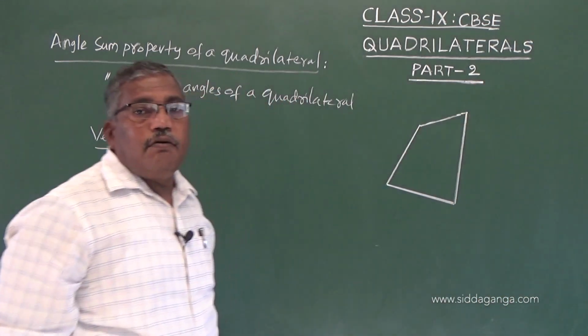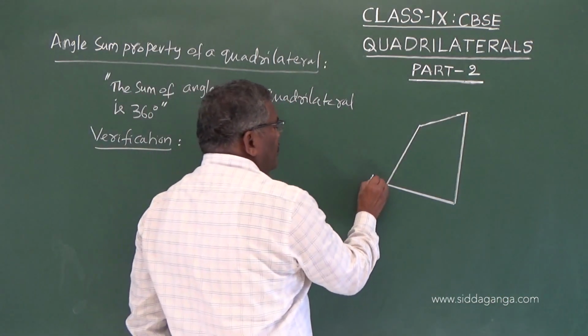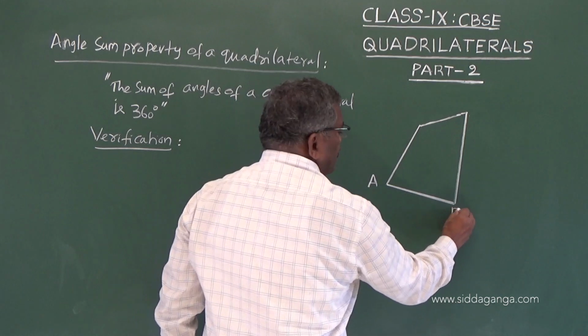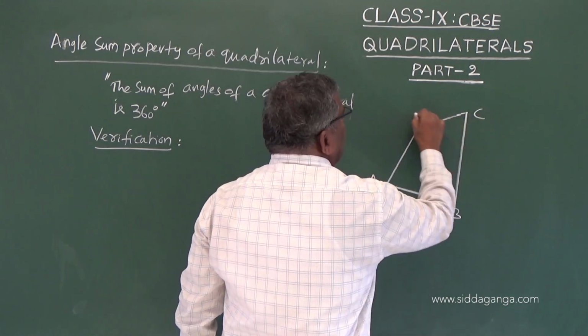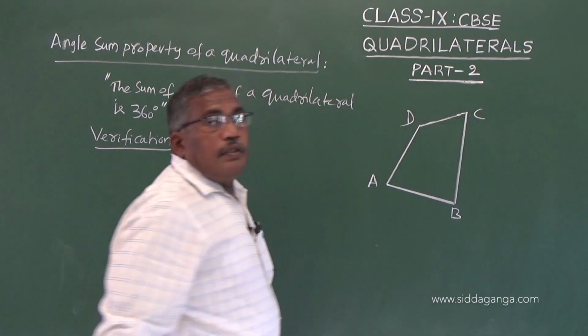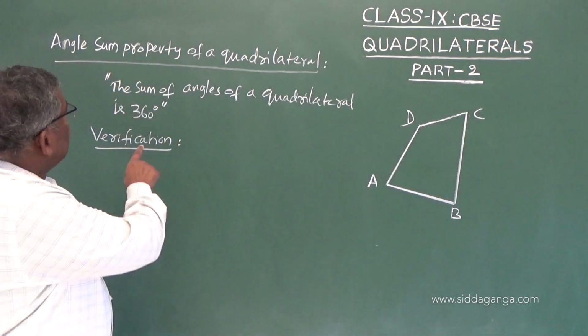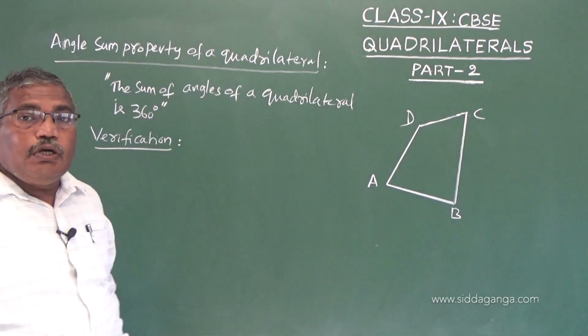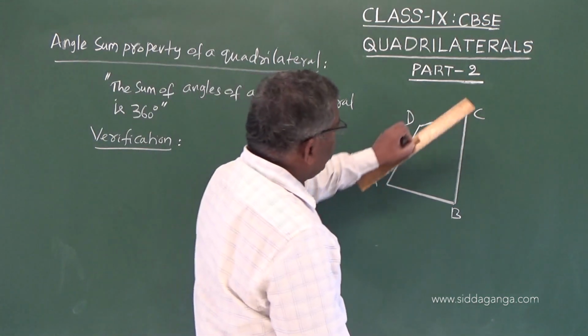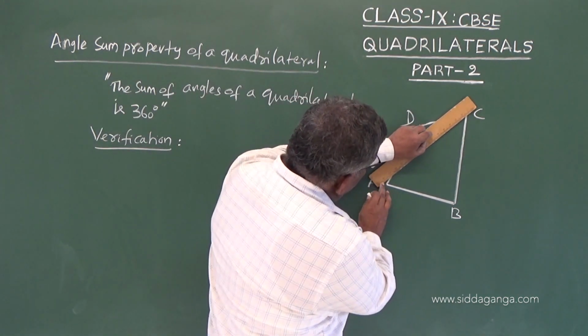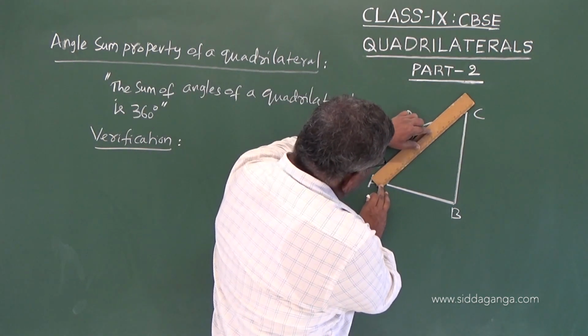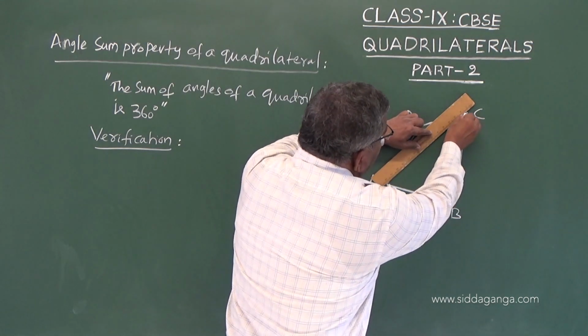So let this be a quadrilateral ABCD. To understand this 360 degree, we have to make some small correction. Join AC. So we are going to join AC.